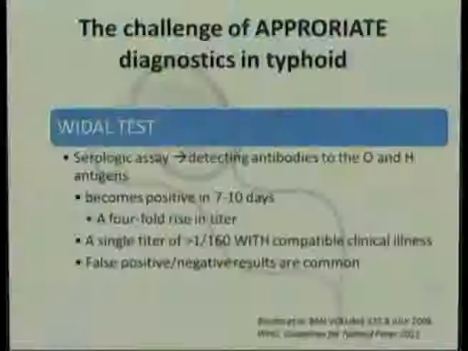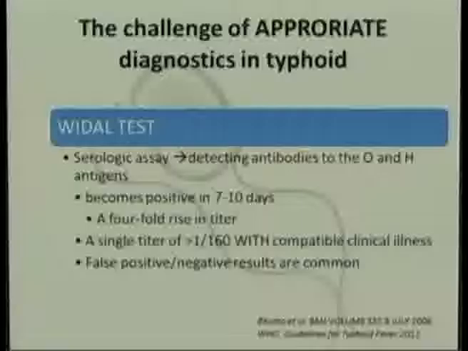Okay, so our favorite Widal test, how do we interpret it? Do we still have Widal test? Yes, no? You're still doing it? Well, okay. It's a serologic assay detecting both the O and H antigens, but only becomes positive on day 7 to 10. And of course, the more reliable interpretation would be a 4-fold rise.